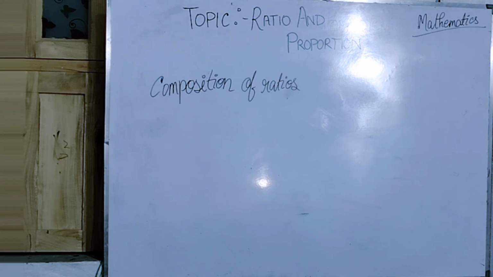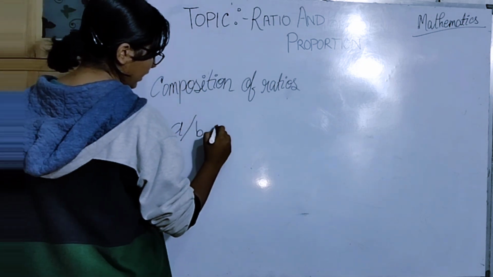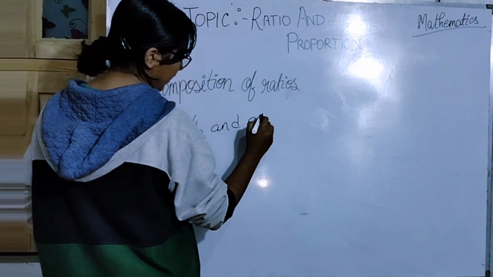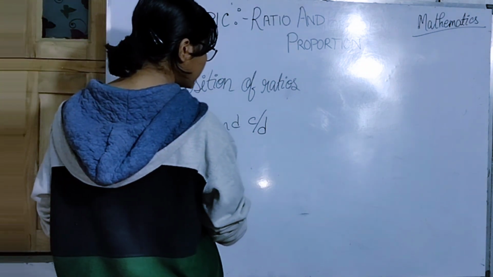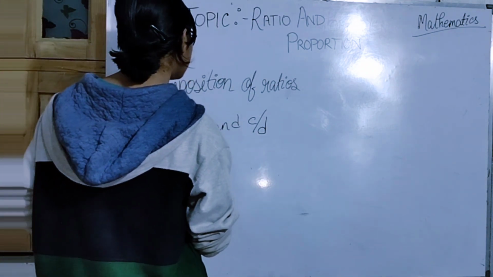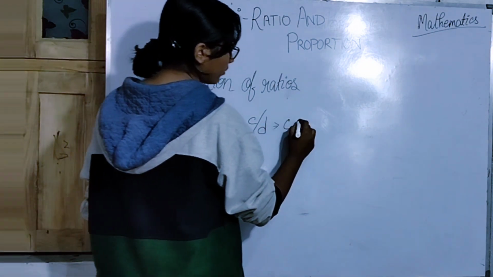Thus, if we take A by B and C by D, these two are made ratio, then this will be known as a compounded ratio.